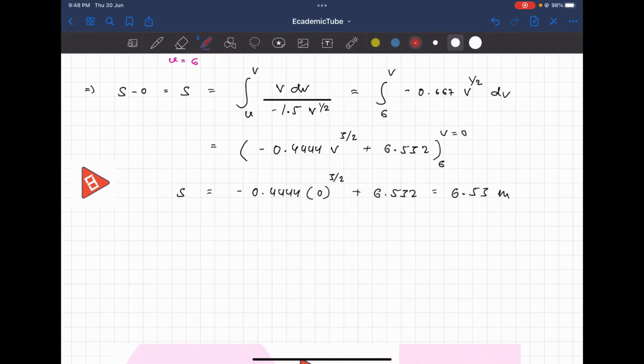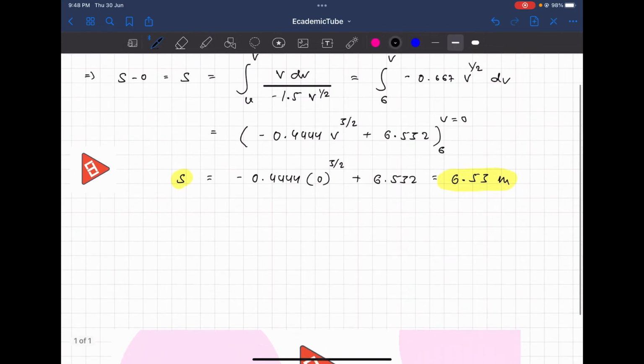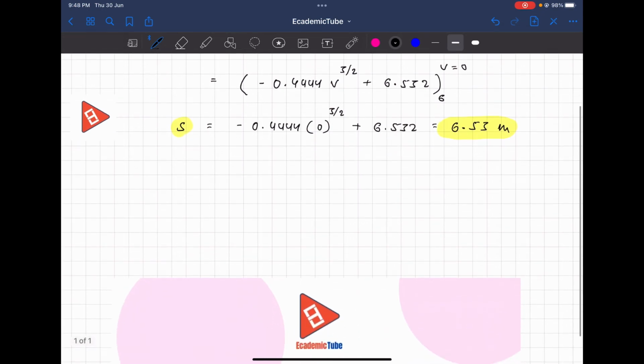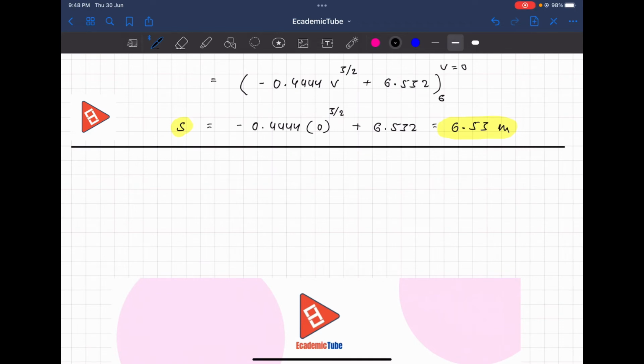So before stopping, the object will move up to 6.53 meters. Now we need to calculate the time taken before it stops. As we know, acceleration can be written as dv by dt.